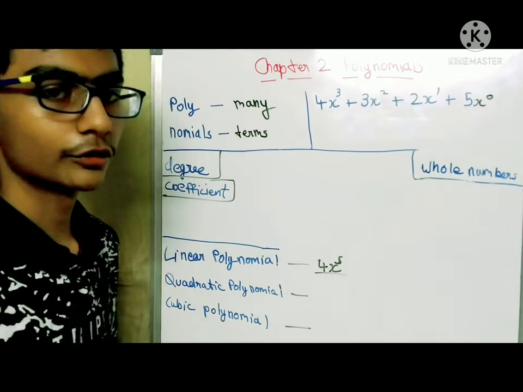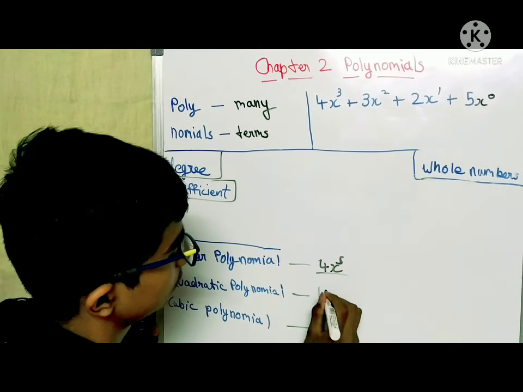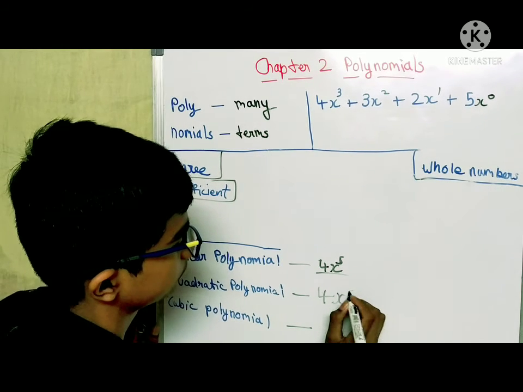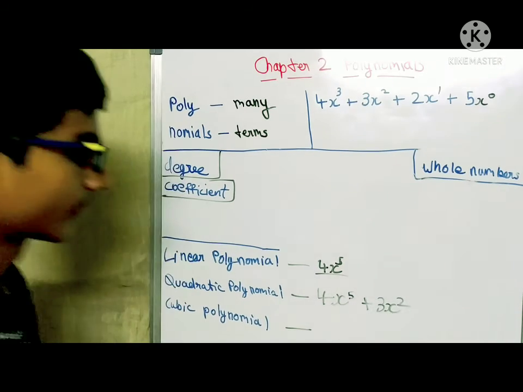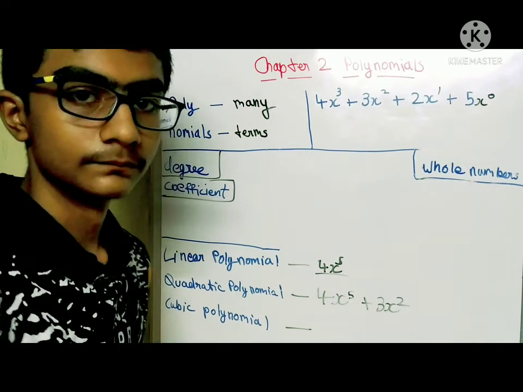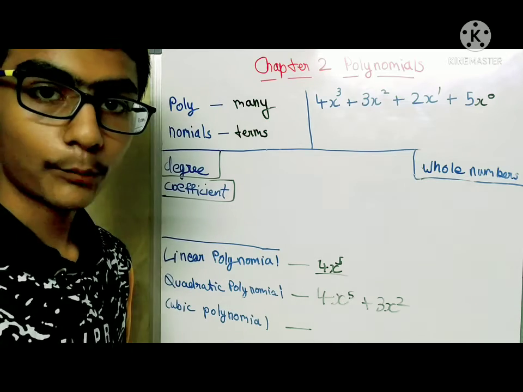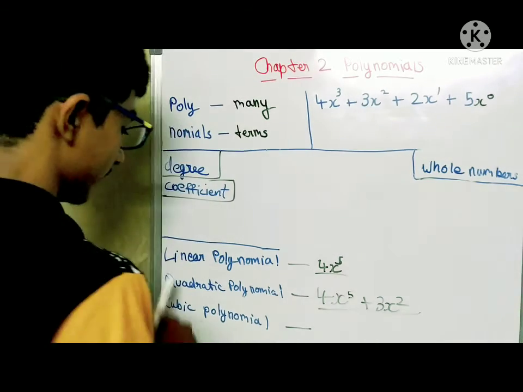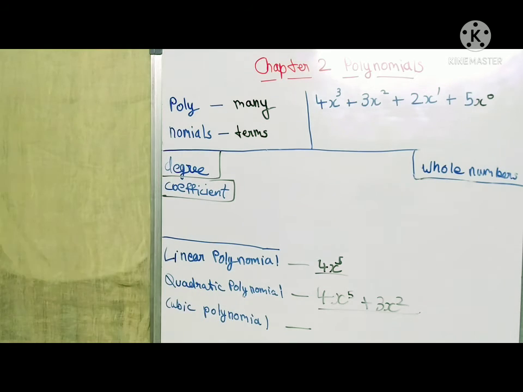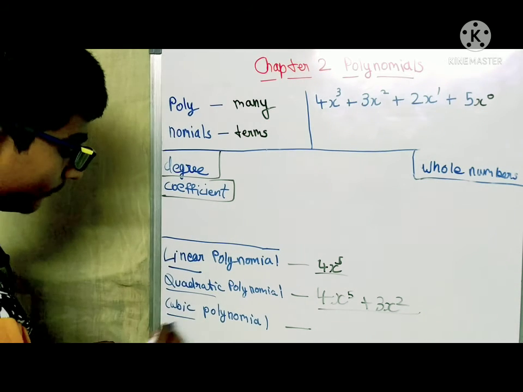This is a linear polynomial. But if I add another term, then it will be a quadratic polynomial. See here, linear, quadratic and cubic.